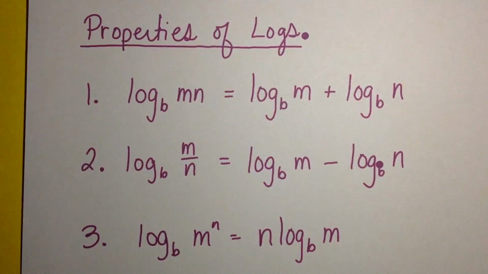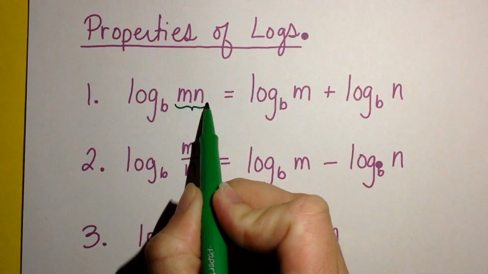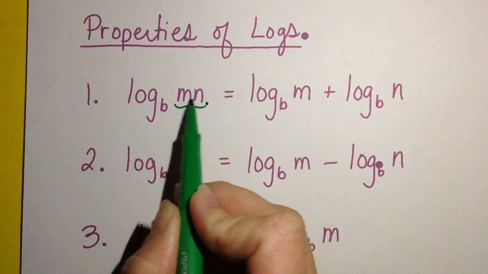In this section, we're going to be looking at some more properties of logarithms. The first one's referred to as the product property. When you're using this property, you pay attention to what you have in the argument. The mn, of course, is being multiplied.